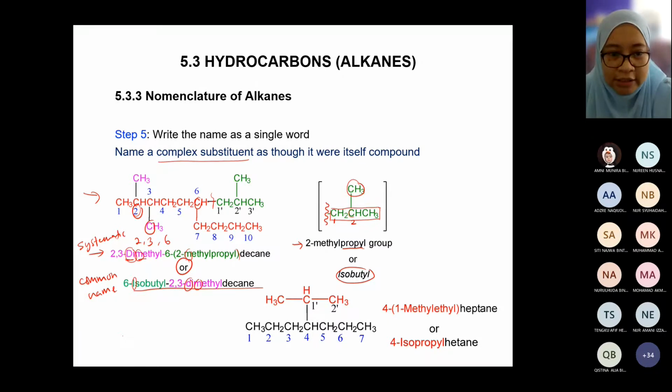So we are not basing it on the D for alphabetical order; we base it on the name of the substituent itself. So I with M, I comes first. That's why 6-isobutyl, 2,3-dimethyl decane.